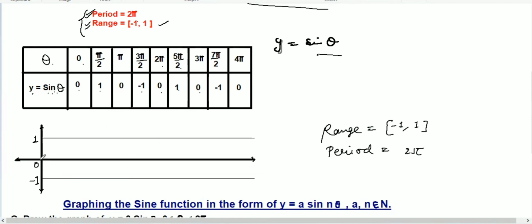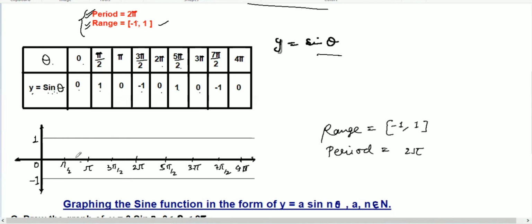Okay, so here it is 0, and I'm going to write down 2 pi here, and then half of 0 plus 2 pi, it will be here pi, and then half of this line, it will be pi over 2, then half of pi plus 2 pi, it will be 3 pi over 2, then again period of the graph is 2 pi, so add 2 pi, so it will be 4 pi here, then half of 2 pi plus 4 pi will be here, it will be 3 pi, then half of 2 pi plus 3 pi, it will be 5 pi over 2, and half of 3 pi plus 4 pi, it will be 7 pi over 2.